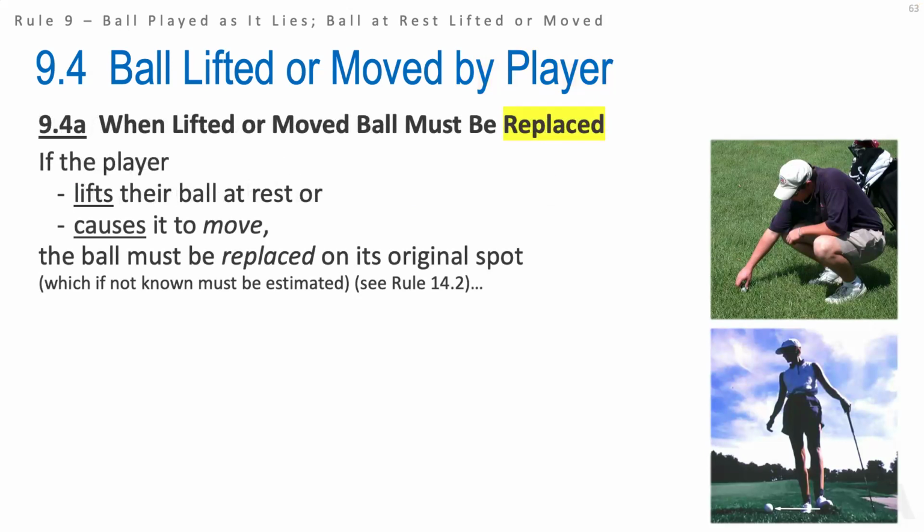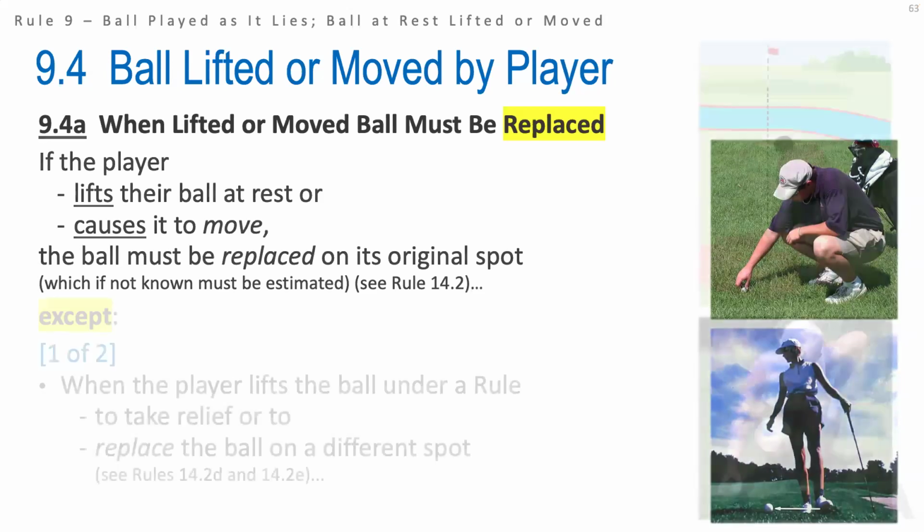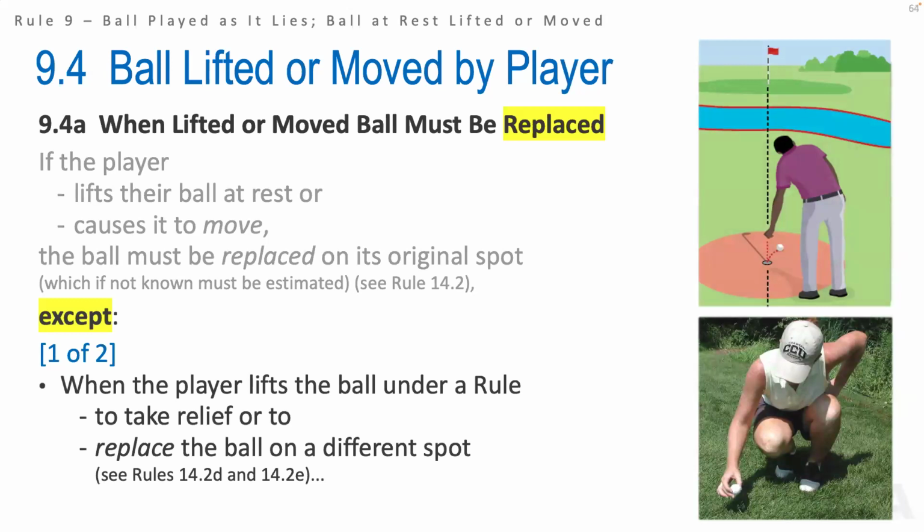So when it must be replaced: if the player lifts their ball at rest or causes it to move, it must be replaced on its original spot. You can see here, this player on the bottom kind of just kicks their ball. It's known or virtually certain that they did cause their ball to move, so they're going to need to replace it on the original spot.